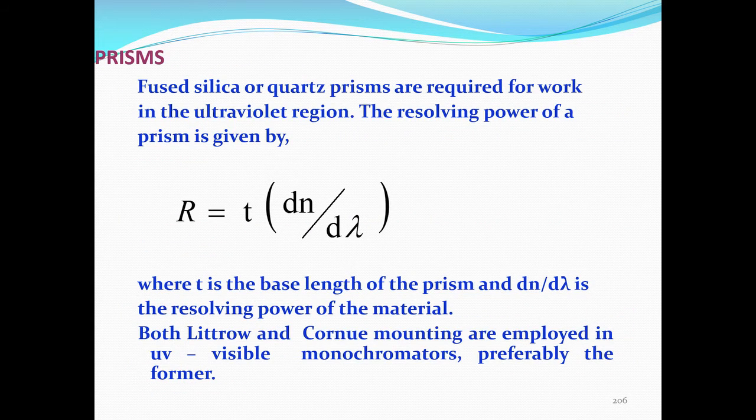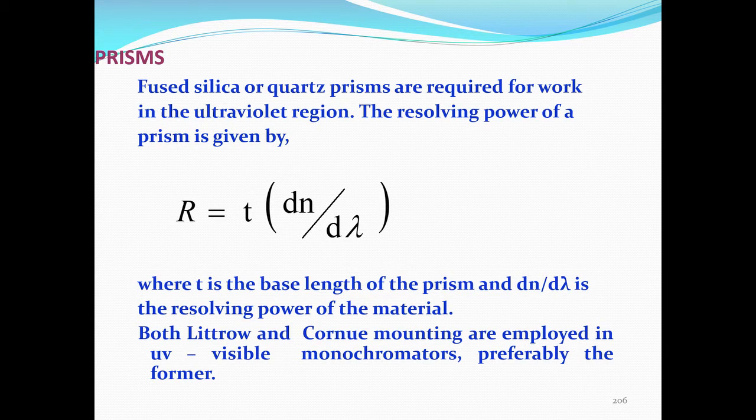So, prisms, apart from lenses and monochromators, glass filters, we use prisms, and prisms we have discussed earlier. Fused silica or quartz prisms are required. Silica prisms are required for the visible range, and quartz prisms are useful for the ultraviolet range.